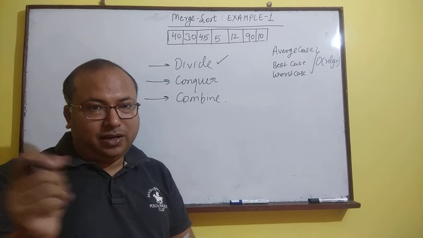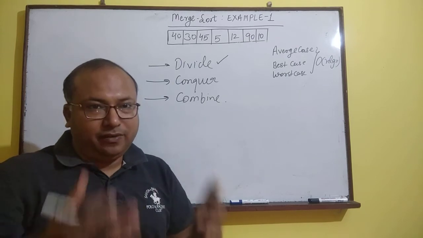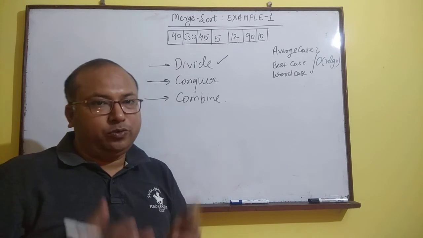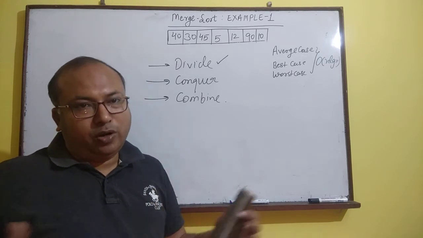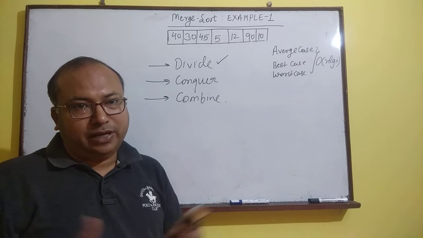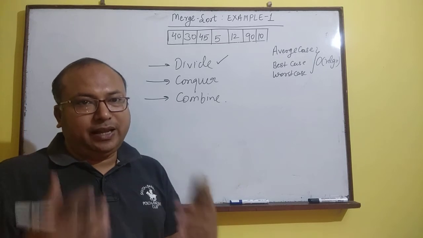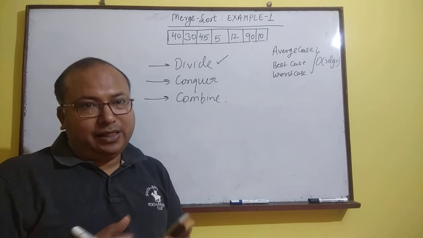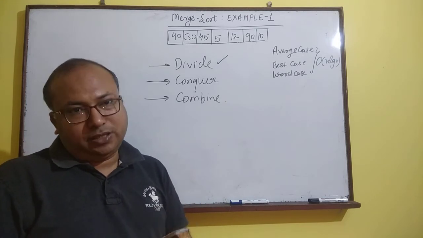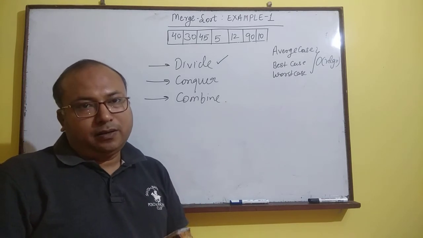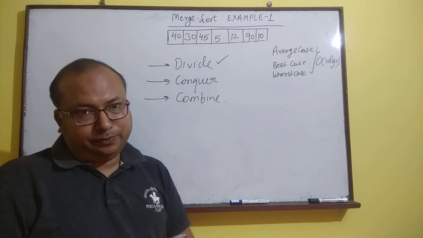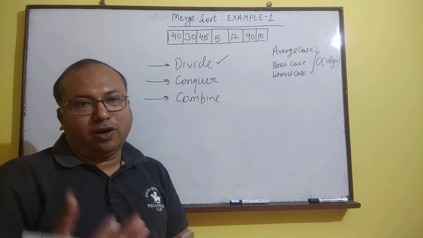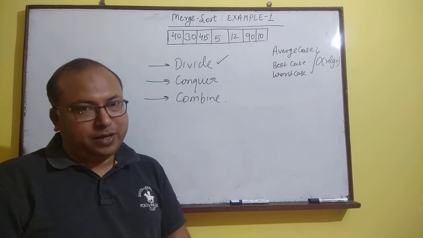We divide the array into two halves, then each half into further two halves, then these 4 halves into further halves, so now we will have 8 halves, and then into 16 halves. We continue this process till we find portions of single elements. When we have single elements in our array, we cannot divide them further into two parts.